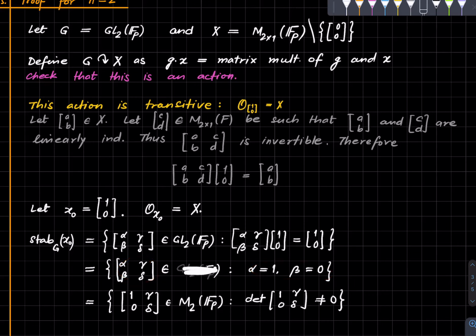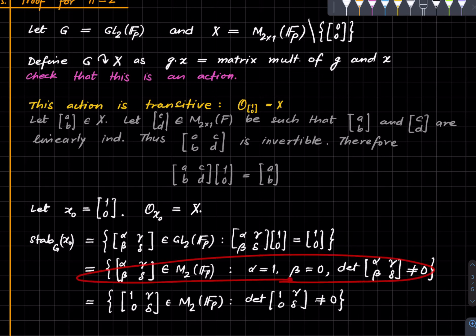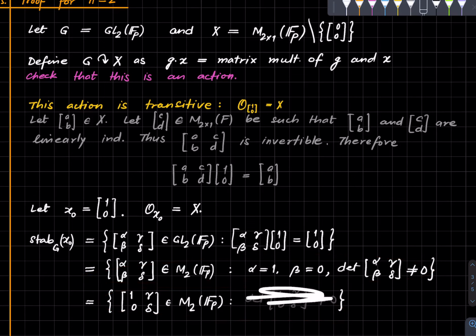I can write it slightly differently: all those 2 cross 2 matrices over F_p such that their determinant is non-zero and alpha is 1 and beta is 0. This set is of course equal to that set. But what is the determinant? The determinant is delta, it's just delta minus 0. So let me just write that delta is non-zero. So that's what the stabilizer is.